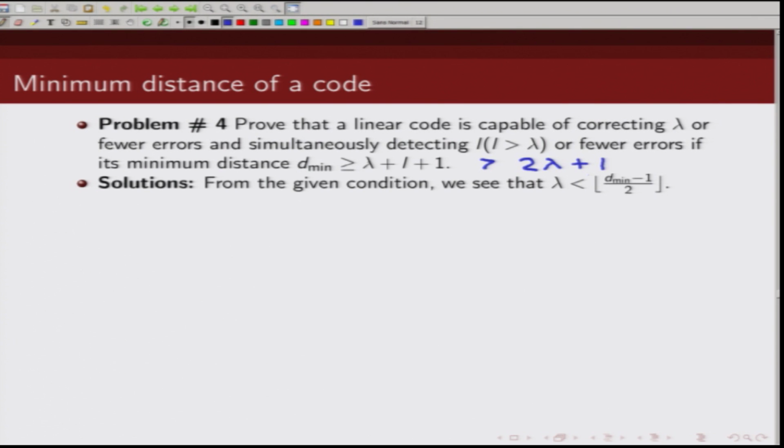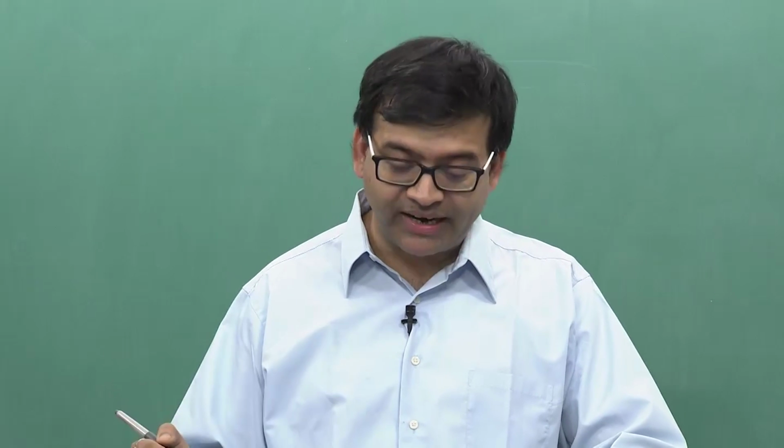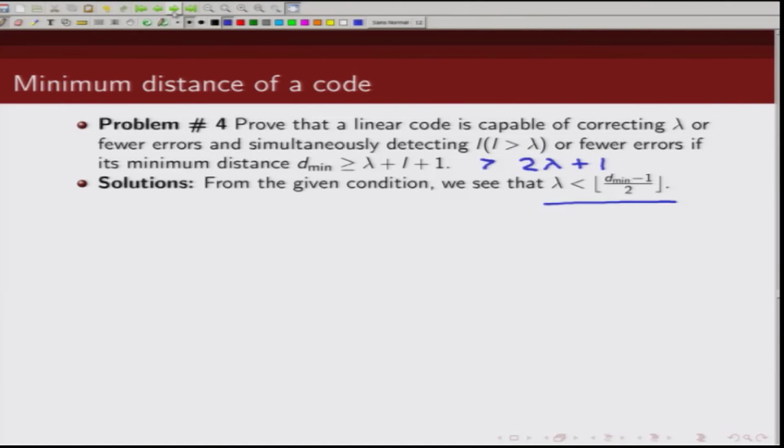So, from this given condition that d min is at least lambda plus L plus 1, where L is greater than lambda, we know that the minimum distance is greater than 2 lambda plus 1. So, it should be able to correct lambda errors.